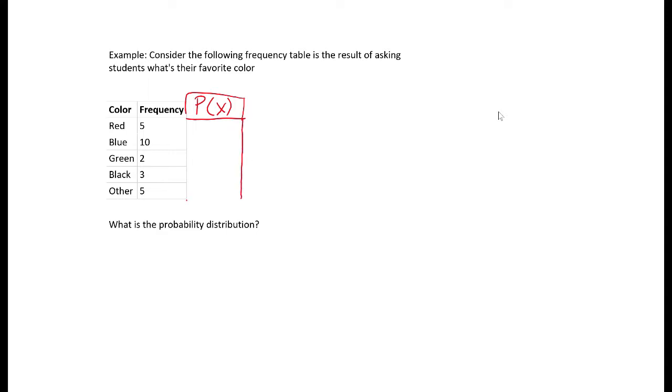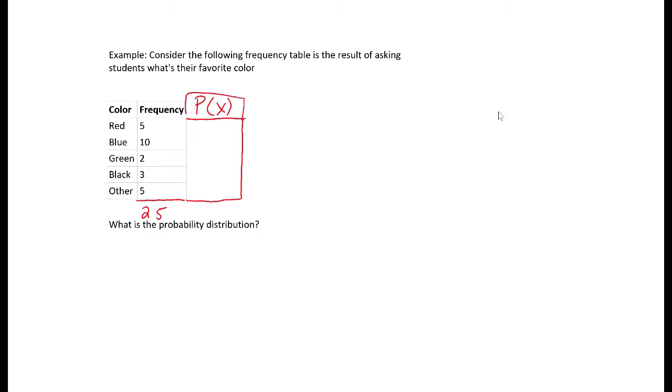To figure out these probabilities, once you have a frequency table, it's actually really straightforward. In fact, we've done it before. These probabilities are nothing more than relative frequencies. If you recall, to figure out a relative frequency, we first of all need the total frequencies. So I'm going to come down here and add up all my frequencies. 5 plus 10 is 15, plus another 5 is 20, 25. Please double check me, I'm getting a total number of frequencies of 25.